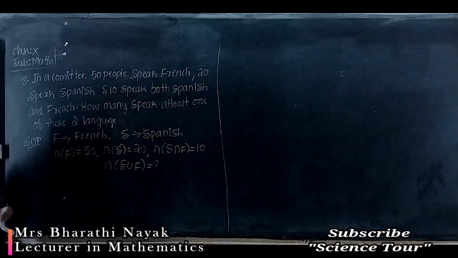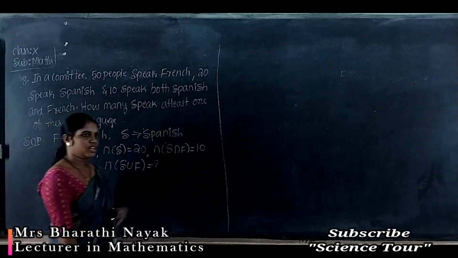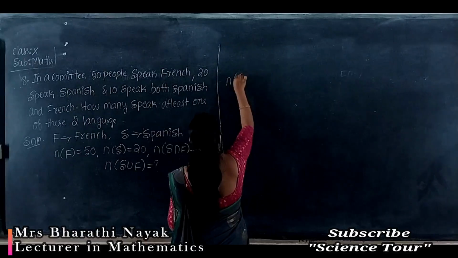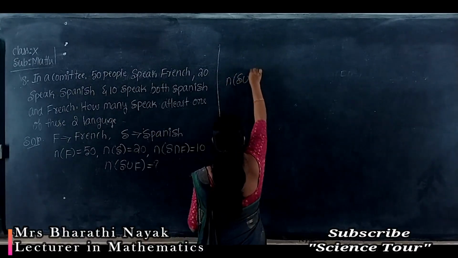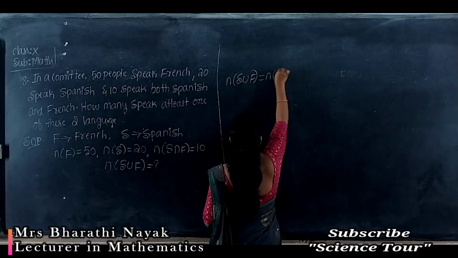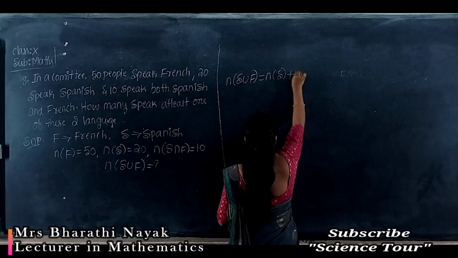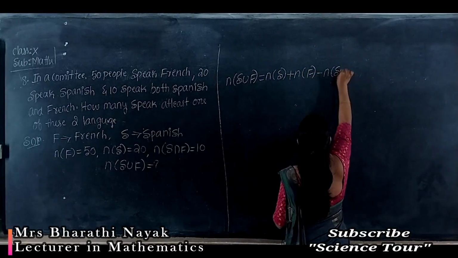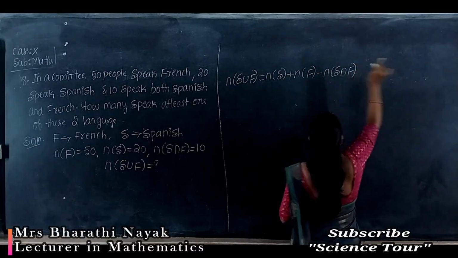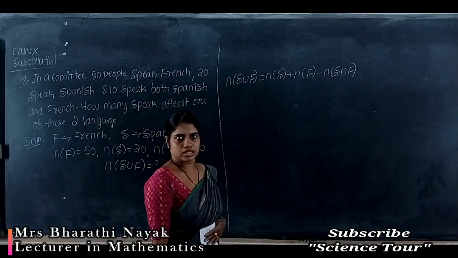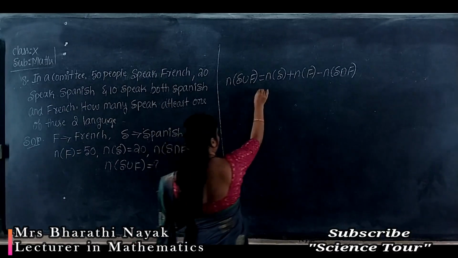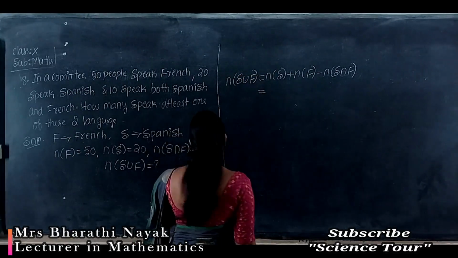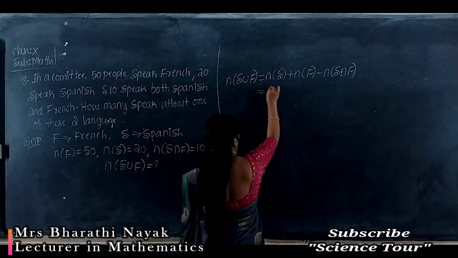We know the relation for S union F. We have studied it, isn't it? What is that formula? N of S union F equals N of S plus N of F minus N of S intersection F. Substitute the values.